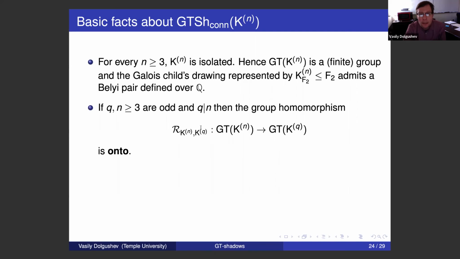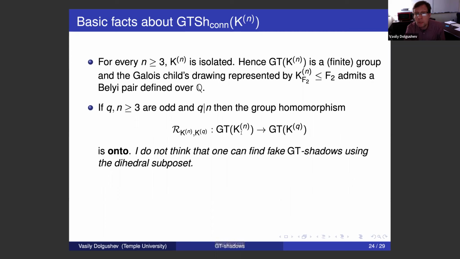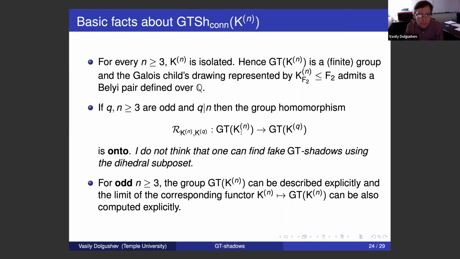Another thing is that if Q and N are odd, greater or equal than 3, and Q divides N, then this reduction map is onto. Which means that if you try to use this poset to find fake GT shadows, you probably won't succeed. And finally, if you look only at odd values of N, then you get a functor, and the limit of this functor can be computed explicitly.